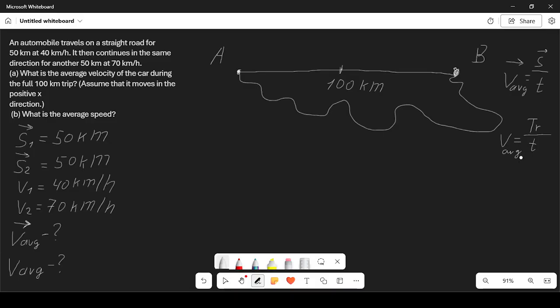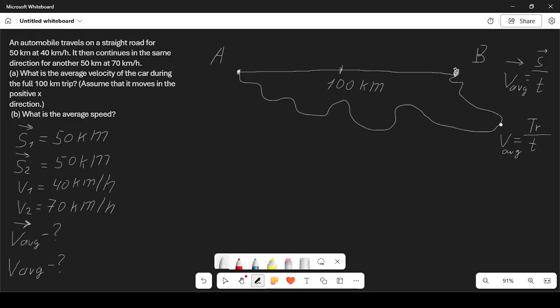So we can see that when we are finding average velocity, here we put the displacement, the shortest distance between points. But when we are finding average speed, we put here in the numerator all the lengths of all the road made by our automobile.